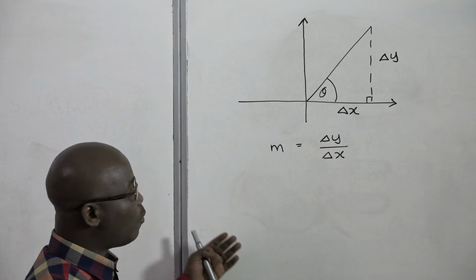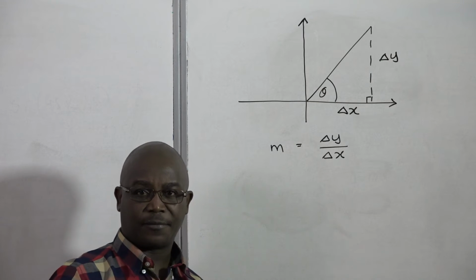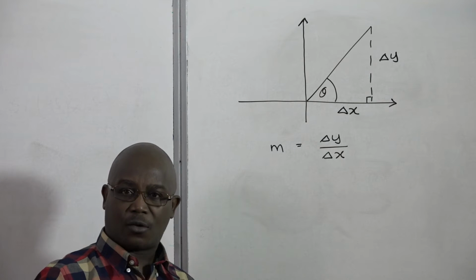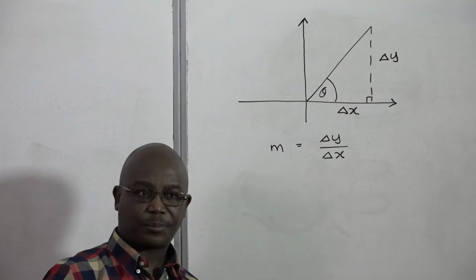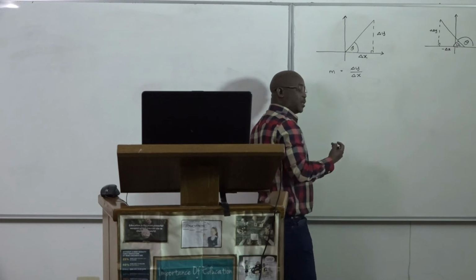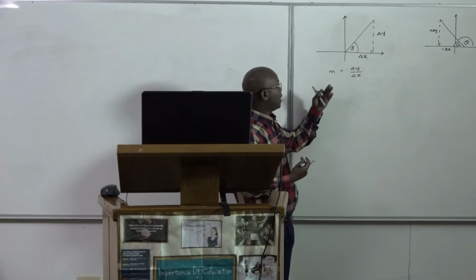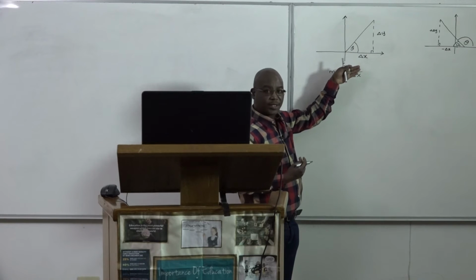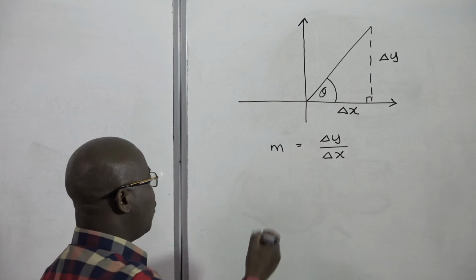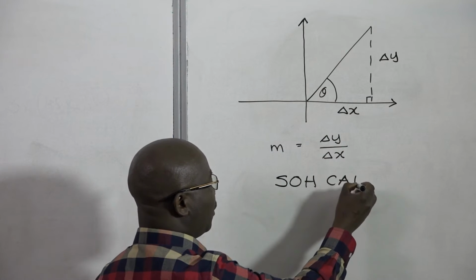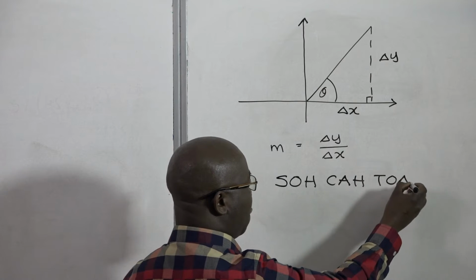But now, if we go back to basic trigonometry, where we use trig ratios, the sine, the cosine, and the tangent, we use those on a right-angled triangle. We can also determine a trig ratio which has got theta. Now, you know that we normally use SOH CAH TOA.